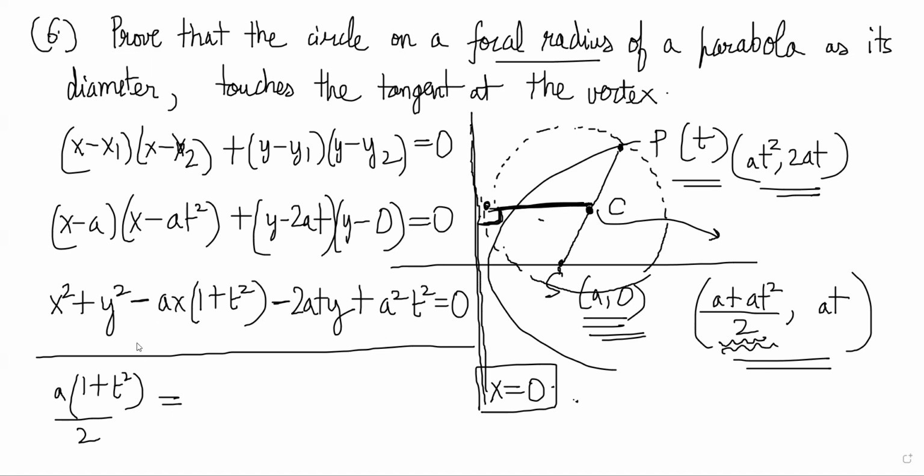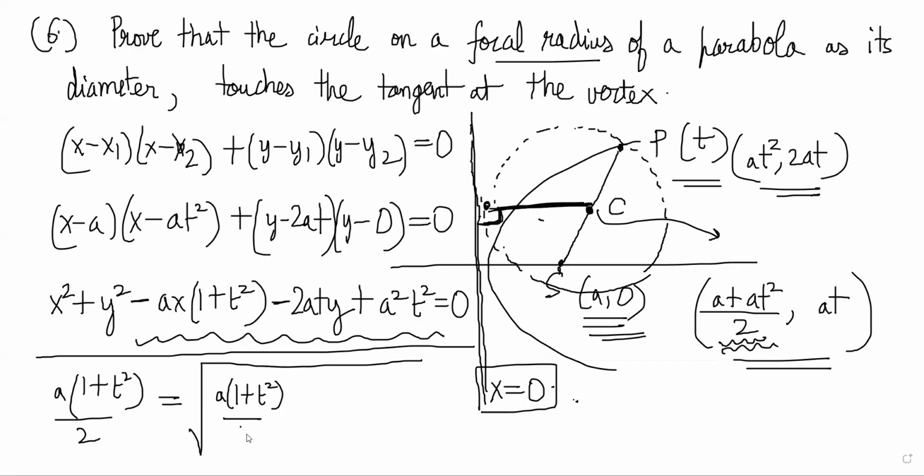But the radius of the circle can be figured out from the equation here. It is going to be √(g² + f² − c), right? So here g would be (a(1 + t²)/2) squared, f² would be a²t², and c would be a²t².